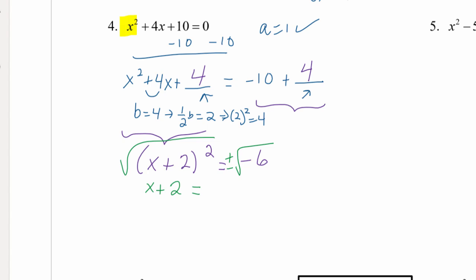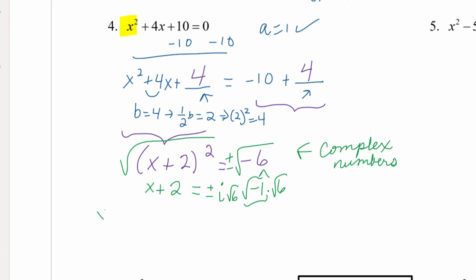So if you remember that, that means complex number, imaginary numbers, you're absolutely right. So let's factor out that i, right? So this is negative 1 times 6. And we're going to take the square root, and the square root of negative 1 is i. So this becomes plus or minus i times the square root of 6.